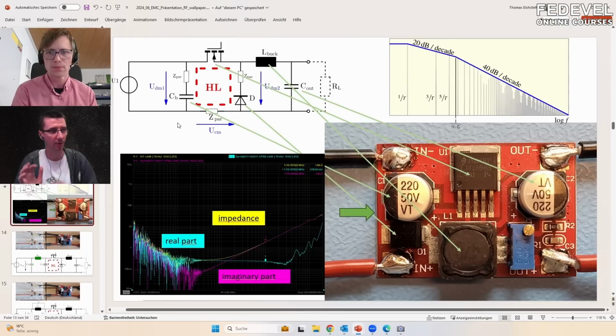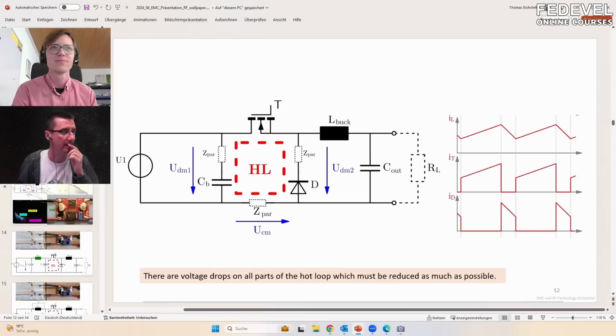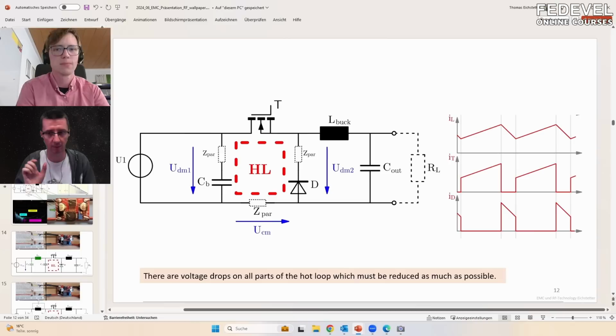Okay, I have a couple of questions. Can we go to the previous slide? First, I would like to repeat part of what you just said. When we have these high currents which are changing very quickly, and there is an inductor, then on this inductor we will lose some voltage.